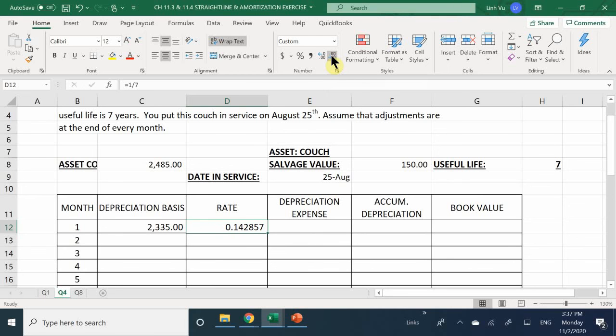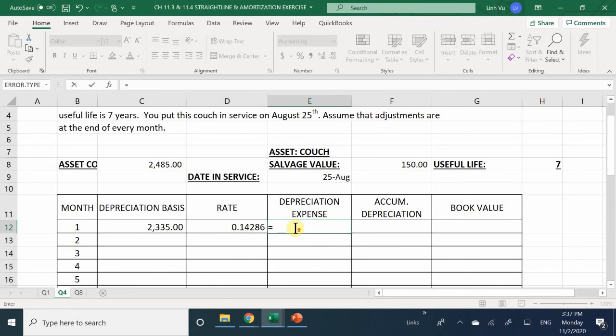Okay, so then it would be the basis times that rate, which would be $333.57.